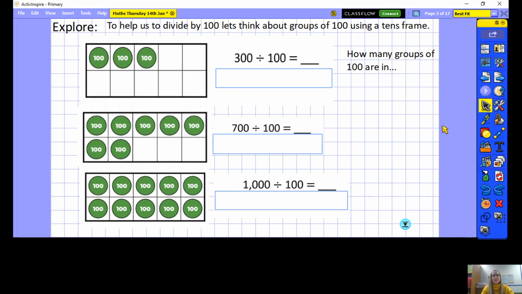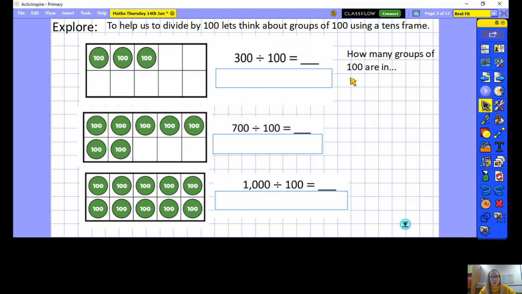Okay, so to help us to divide by 100, we're going to think about groups of 100 using a tens frame. So we're going to have a look at the first question here, the tens frame. So we can see that we have got 3 groups of 100. Let's count the hundreds. So we've got 100, 200, 300. So the question is 300 divided by 100 equals.